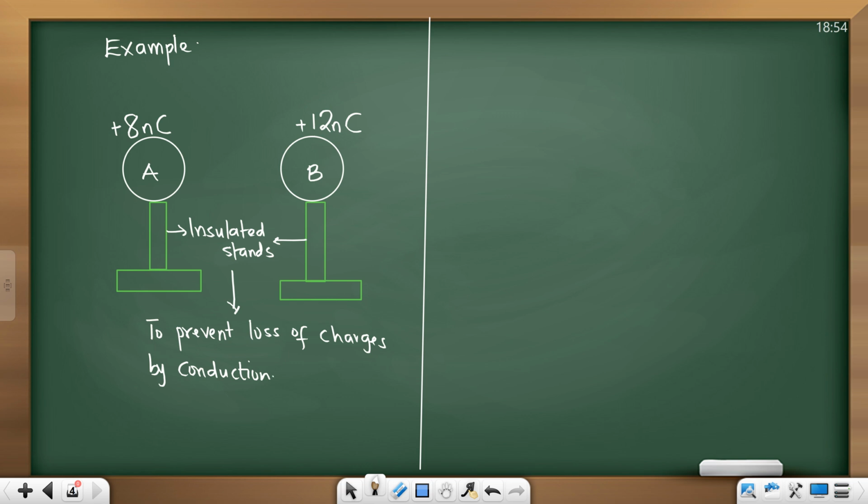So we prevent charges from being lost, because charges can flow. Remember, electrons would flow from where there are more to where there are less.